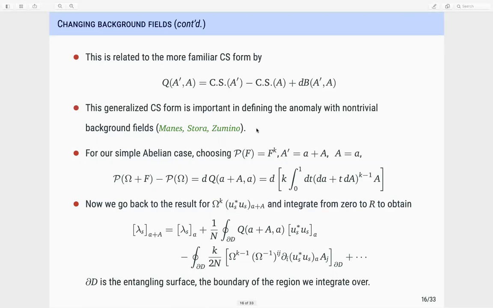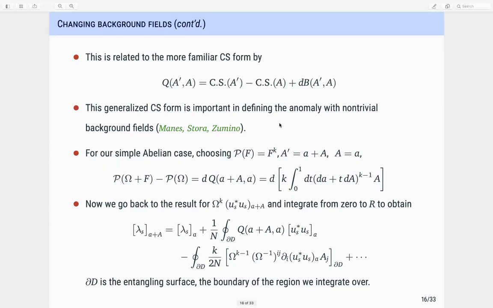Okay, so this generalized Chern-Simons form, this is not the first time it makes an appearance in a physics context. It's known from the 1980s. If you try to define anomalies in gauge theories, but anomalies with a non-trivial background gauge field, then it is described in terms of this generalized Chern-Simons form. And that is a result that goes back to Bardeen, Zumino way back in the 1980s.